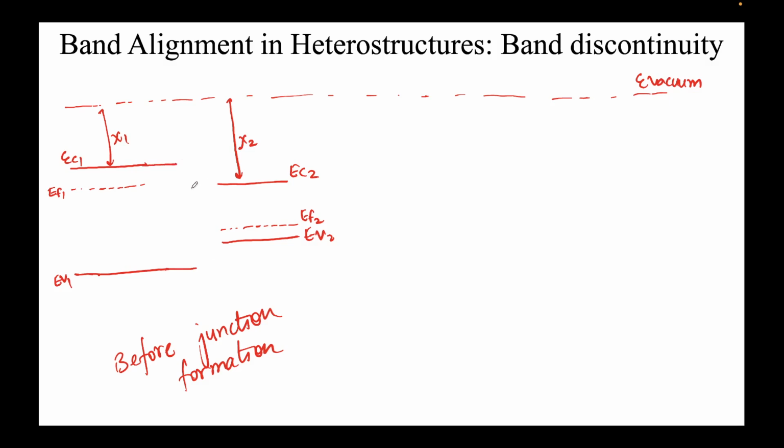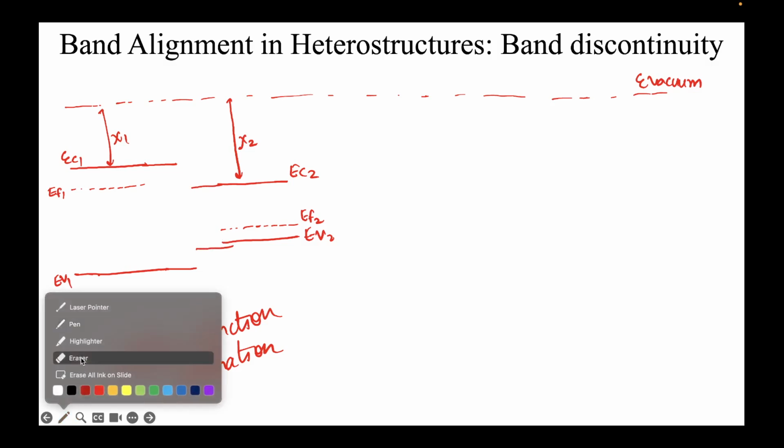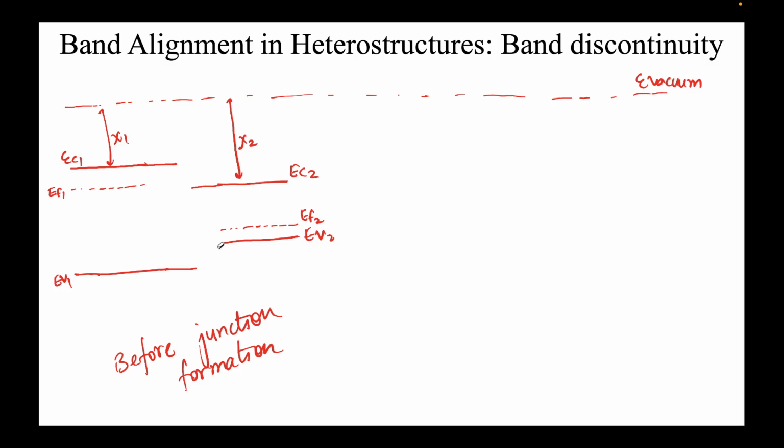We should expect something close to the straddling type of behavior for this heterojunction. Heterojunction, again I'm re-emphasizing heterojunction or heterostructures because the semiconducting materials on your left and right have different band gaps.